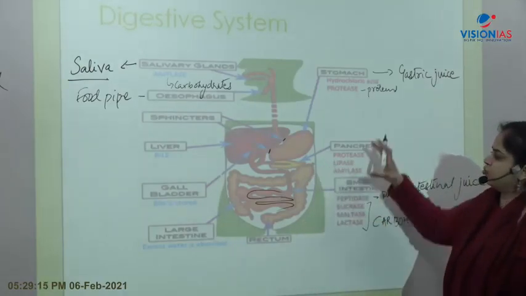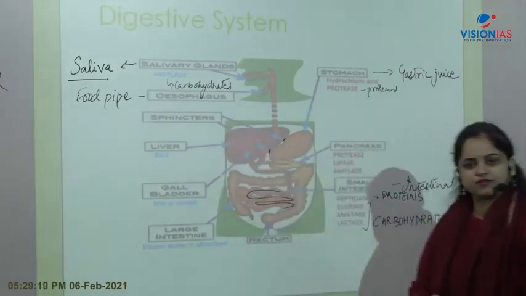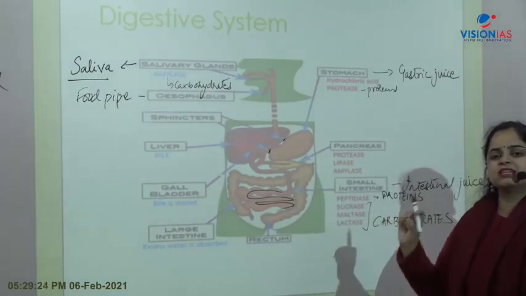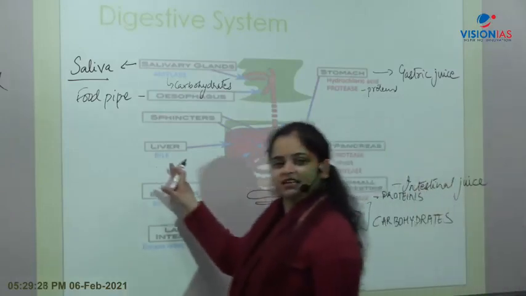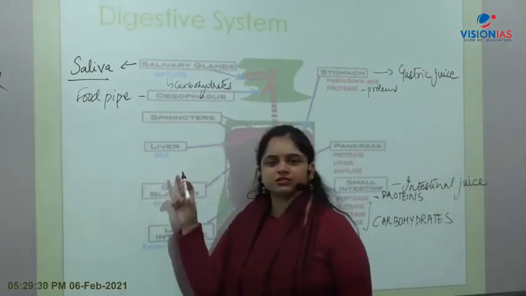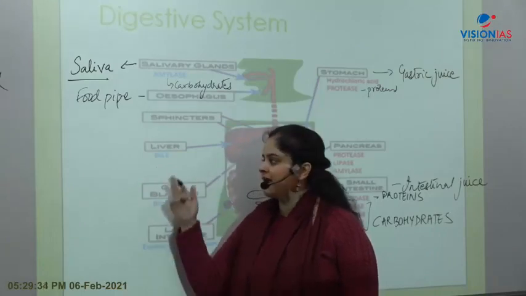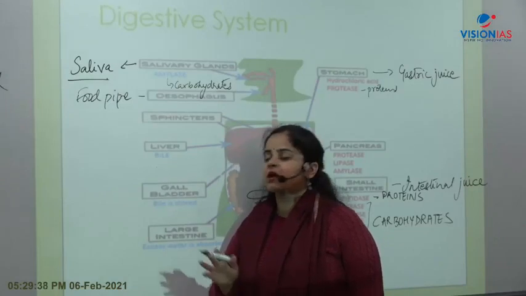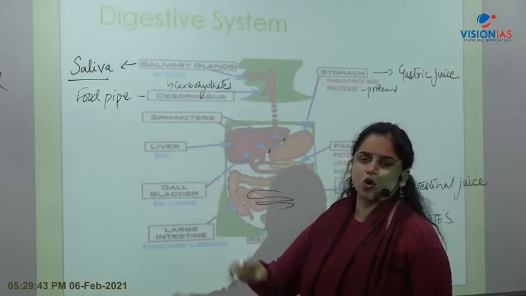Now we have two more glands which are assisting in the process of digestion. The food will not go into these glands, but these glands are going to give their secretions. The first gland is the liver. The liver produces bile, or bile juice you can call it, and bile does not have any enzyme. There are no enzymes, but it has agents which are going to help in the digestion of fat.